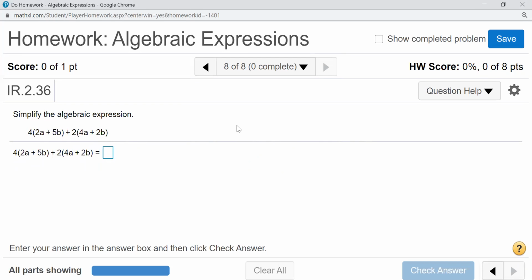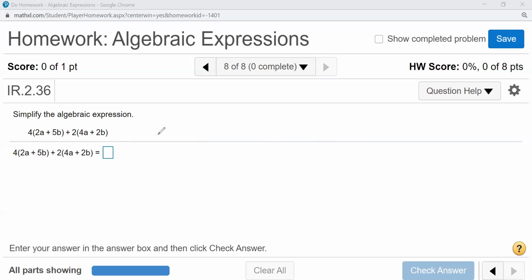So we want to simplify things, but everything's not on the same playing field right now. This business is in parentheses with a 4 in front. This business is in parentheses with a 2 in front. As a result, yeah, I see that this is an A and this is an A, but they're not the same at the moment.